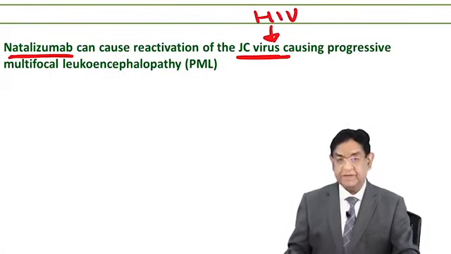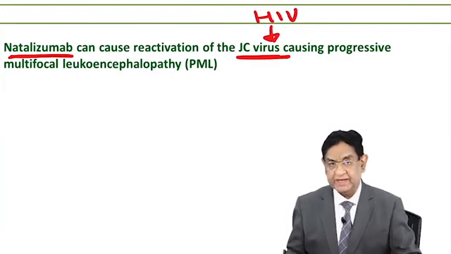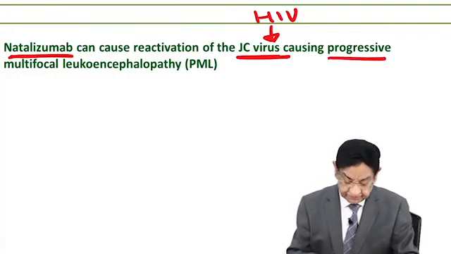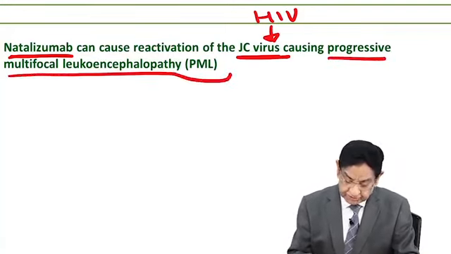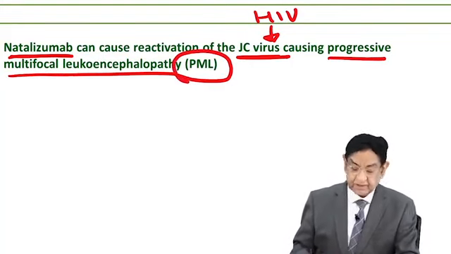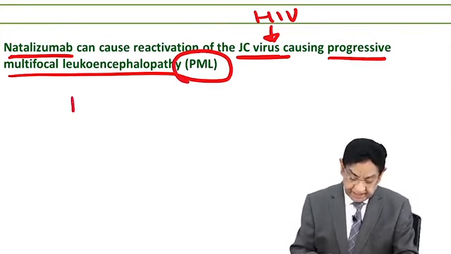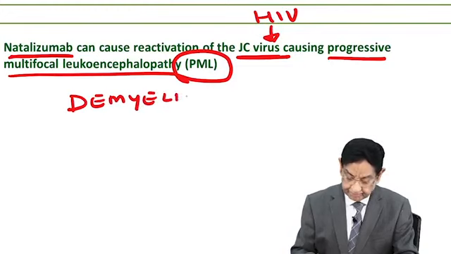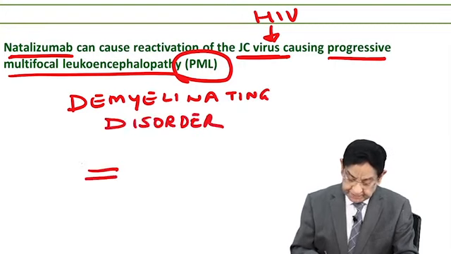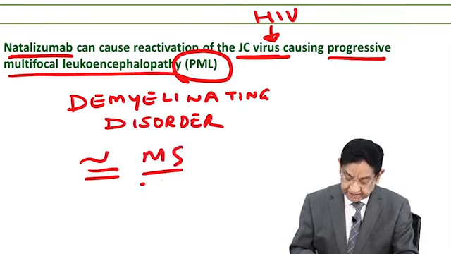So in an HIV patient, it leads to activation of JC virus, and the JC virus leads to progressive multifocal leukoencephalopathy, which we write as PML. Now, PML is a demyelinating disorder, and the picture mimics multiple sclerosis.